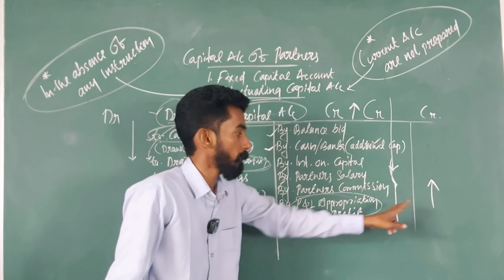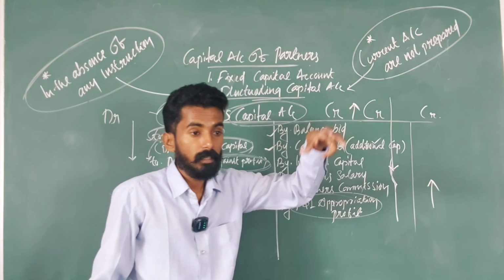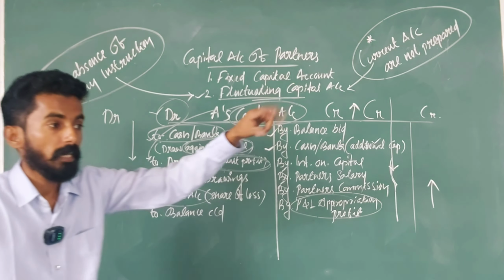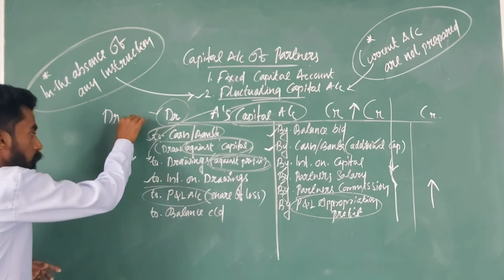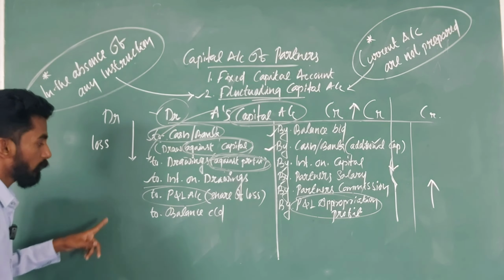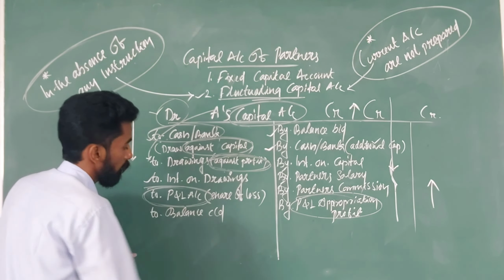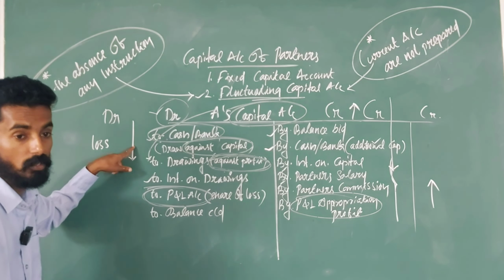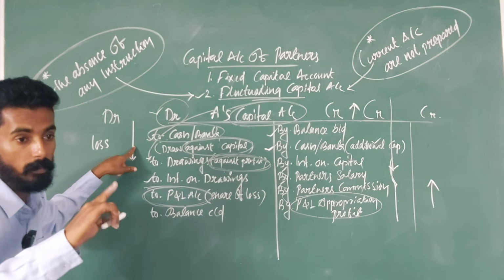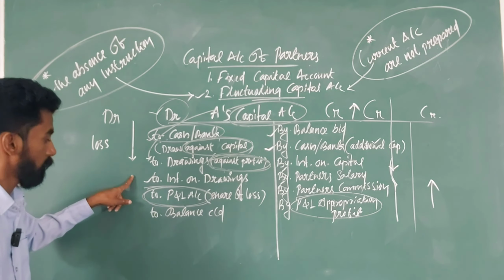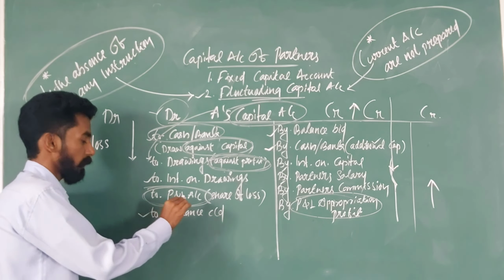Increasing. So if a partnership firm is going to distribute loss to the partners, the capital balance of partners is going to decrease, because of loss. That is the reason you can see here, to profit and loss account, the firm is going to distribute the firm's loss. Clear? Last one is balance carried down.